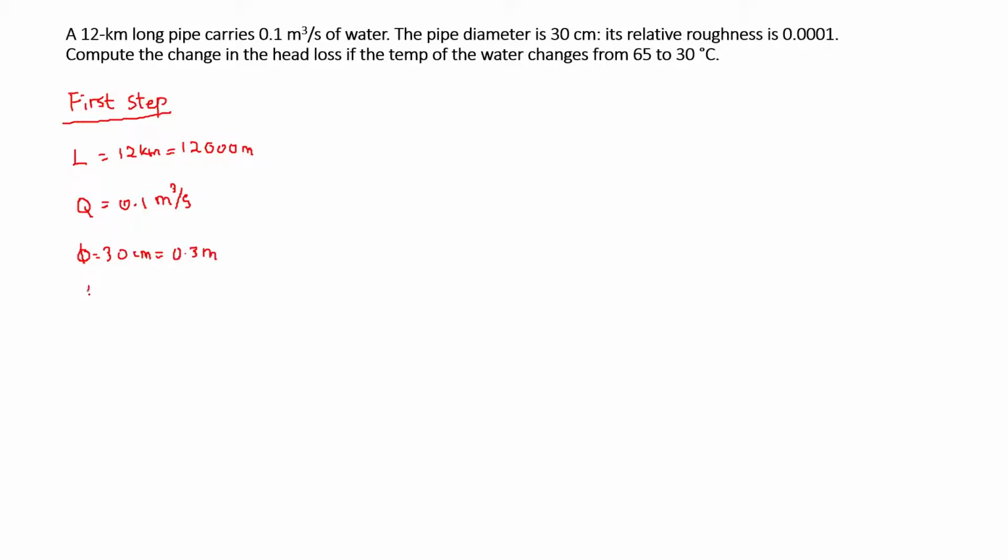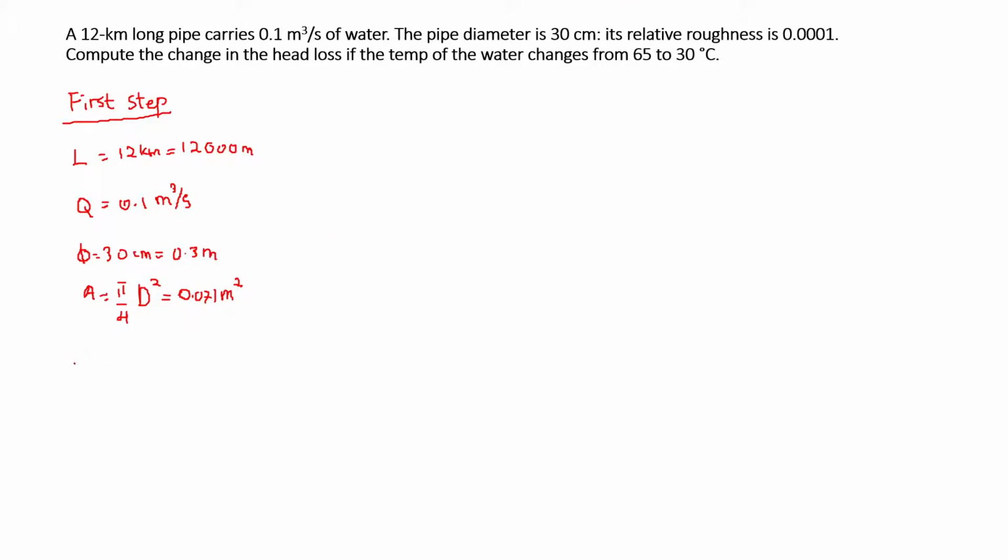So yes, you just calculate the A, because somehow you need to find the A. So the A will be 0.071 square meter. Okay, so it's also given here the relative roughness.